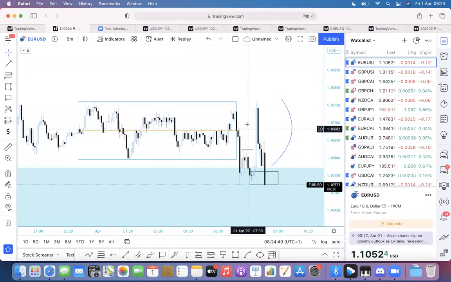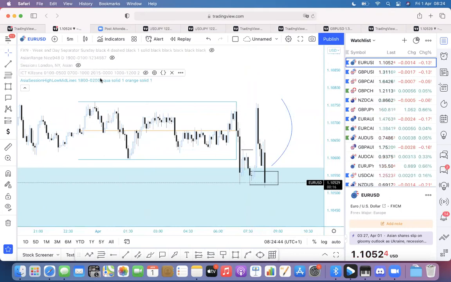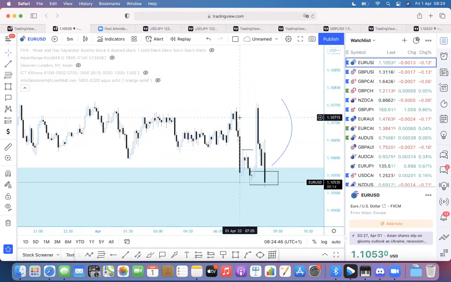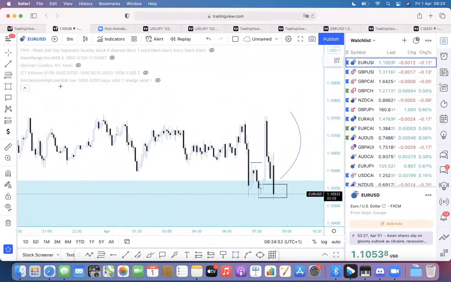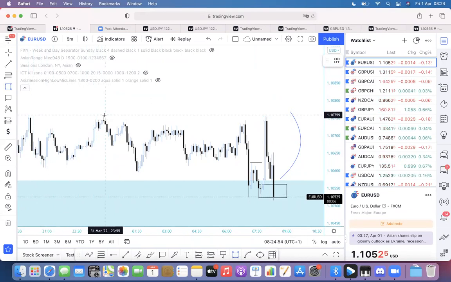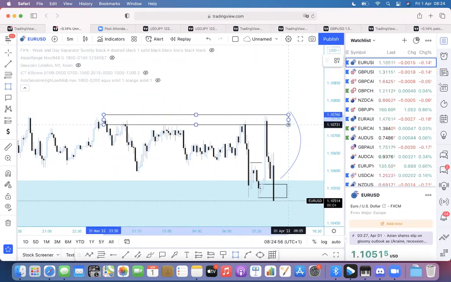For confirmation, this is not really, let me see. We do break this. Honestly, I wanted to see a whole break of the zone, so including this high, like this.